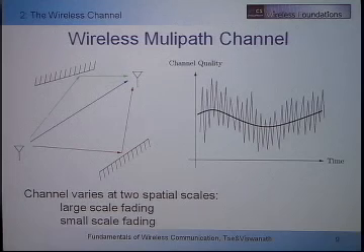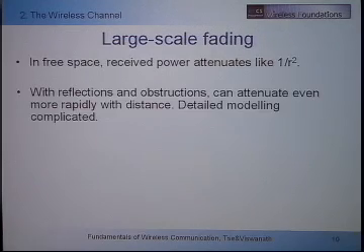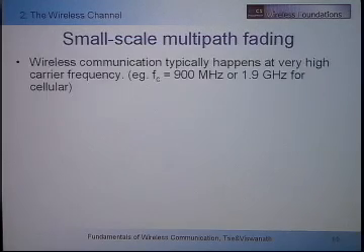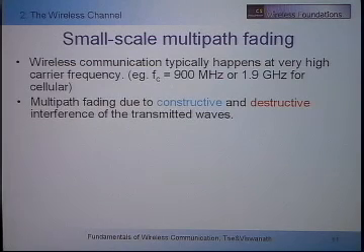And as we know from elementary physics, when multiple waves interact, they can create constructive and destructive interference of the signal. This means that the channel will go from weak to strong as you move from a destructive valley to a constructive peak. Okay? So what is the time scale we're talking about here?